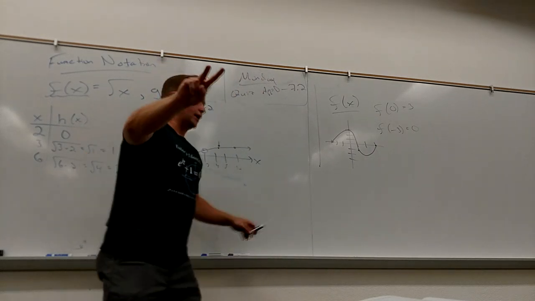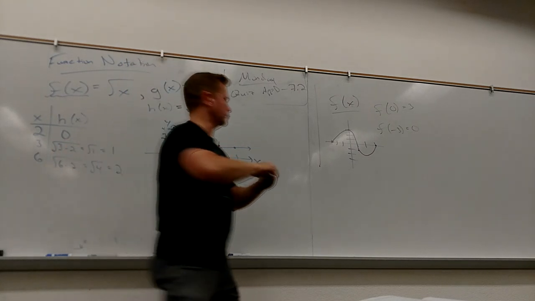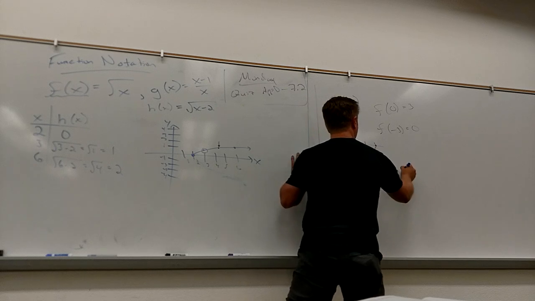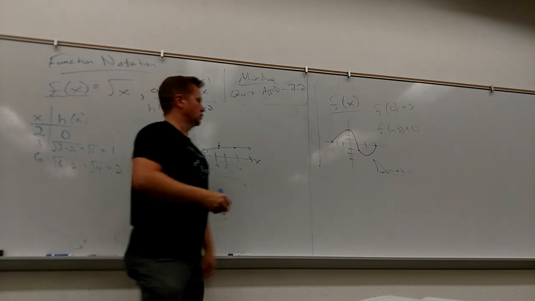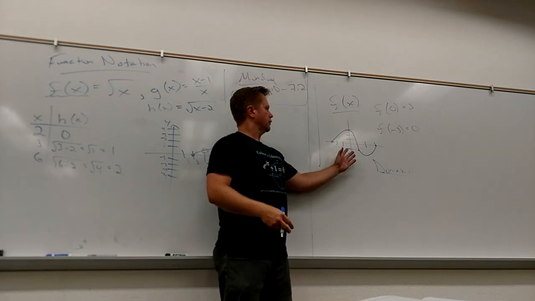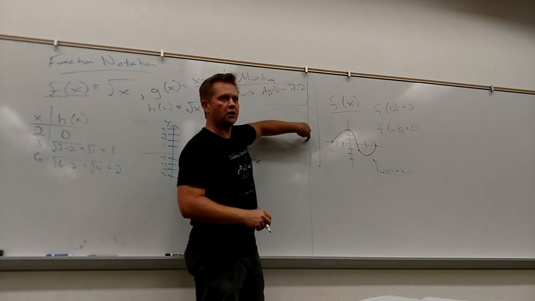All right, second thing I want to ask you. What is the domain and the range of this function? What does domain relate to? The x's. It's all the x's I'm allowed to use. I always tell people it relates to x. Imagine a little dude walking on the x-axis.